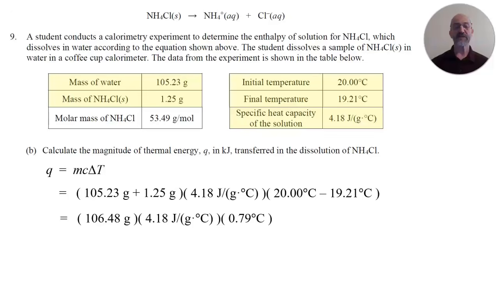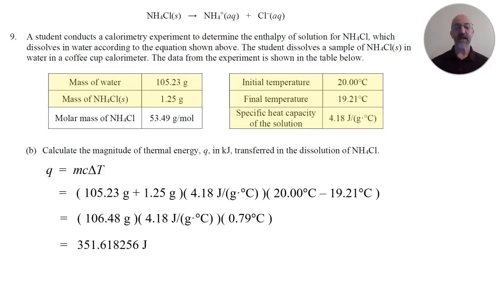So my mass of solution is 106.48 grams. My specific heat capacity of the solution is 4.18 joules per gram degree Celsius. So when I pick up my calculator, I'm going to do 106.48 times 4.18 times the delta T, which is 0.79 degrees Celsius.